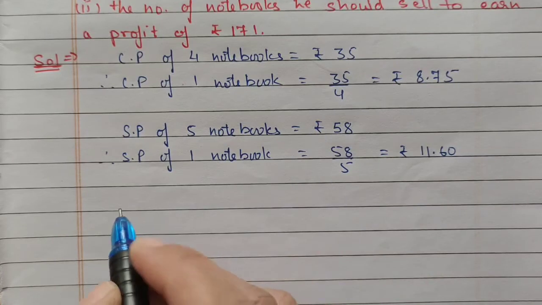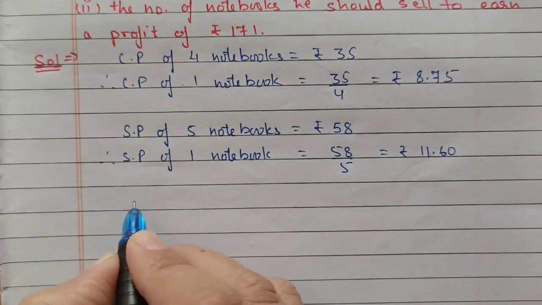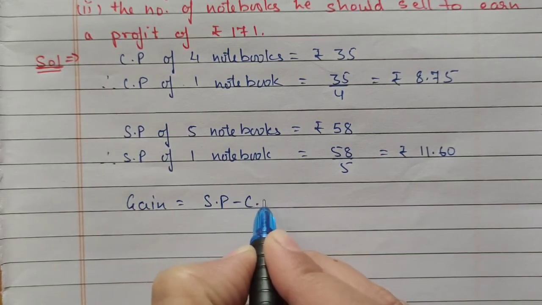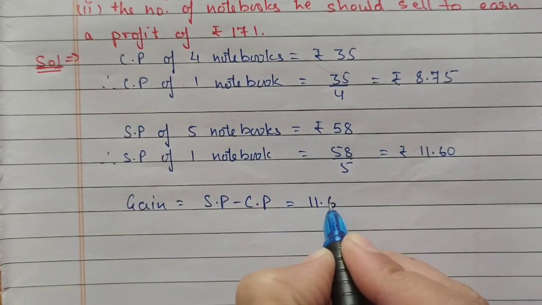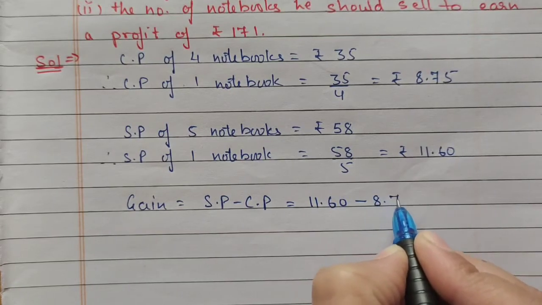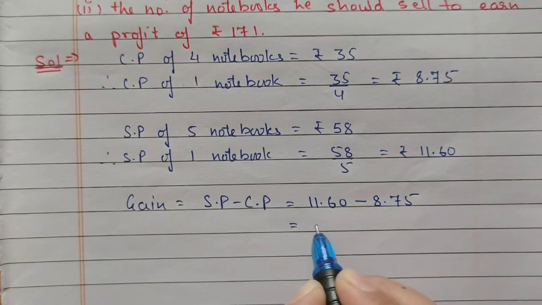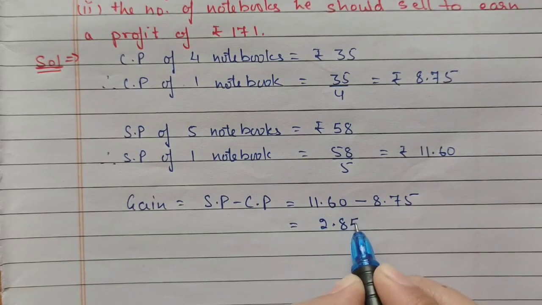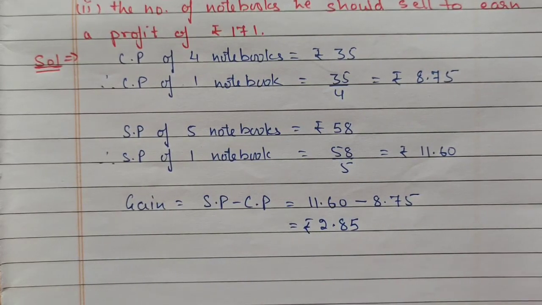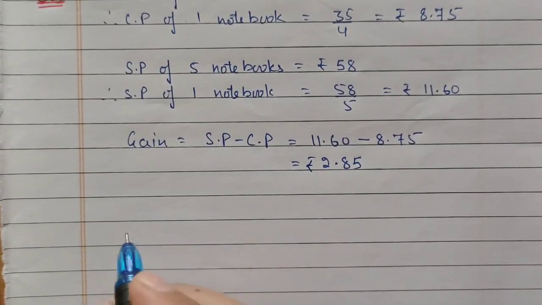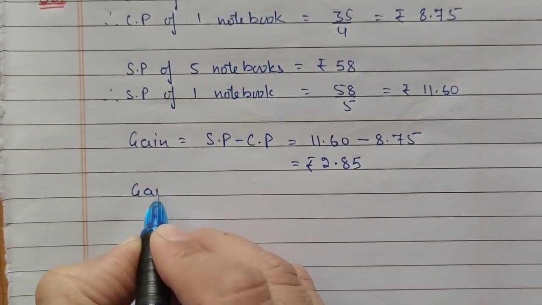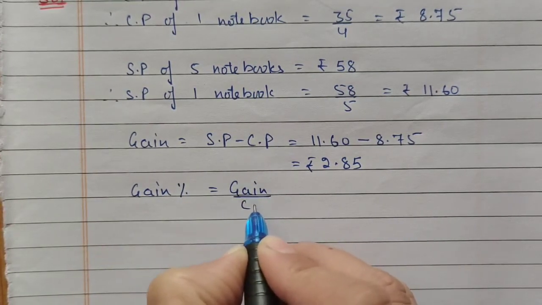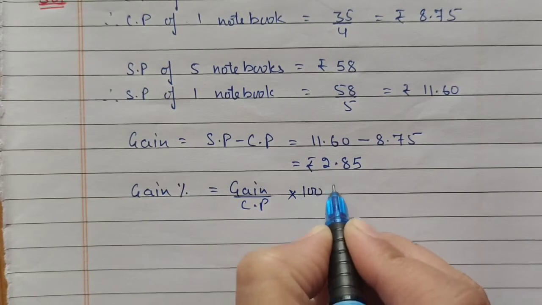We can calculate the profit percent now. His gain is equal to selling price minus cost price. The selling price is 11 rupees 60 paise minus 8 rupees 75 paise, which gives 2 rupees 85 paise. Now we can convert this into percentage. Gain percentage is equal to gain divided by CP multiplied by 100%.